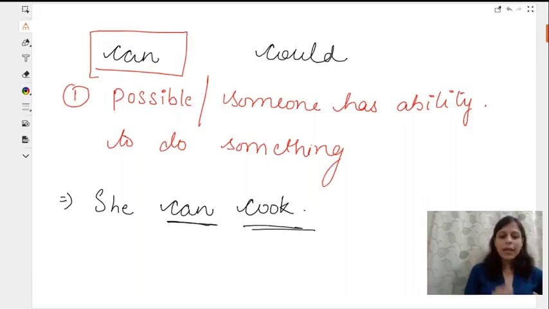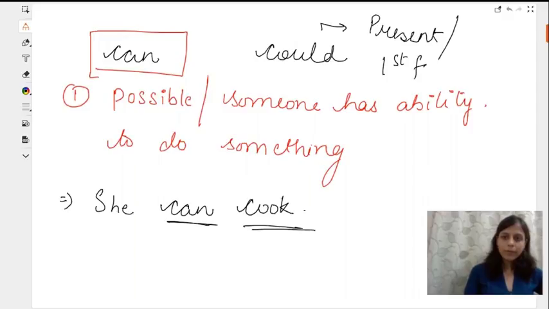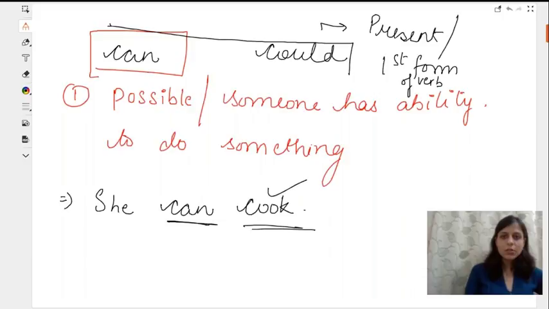So when I talk about can and could, please keep in mind that these modals follow the present, or the first form of verb. So can, could, they basically follow the first form of verb.